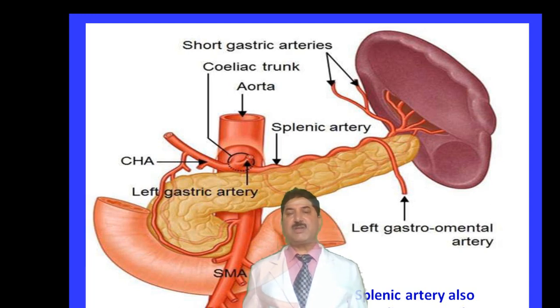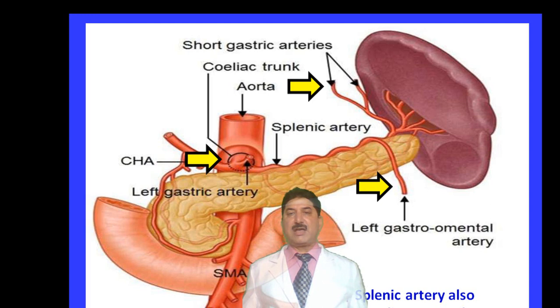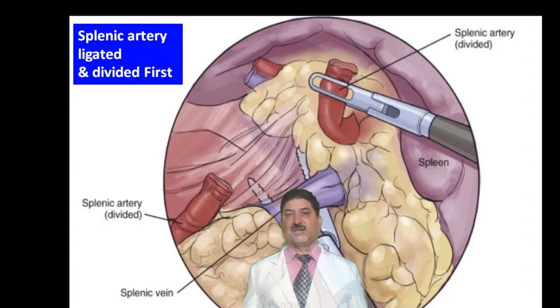Thereafter, it divides into many terminal branches which enter the hilum of spleen. As shown in this animation, it arises from celiac trunk, gives many pancreatic branches. It also gives left gastroepiploic and short gastric arteries before dividing into 4 to 5 branches at the hilum.